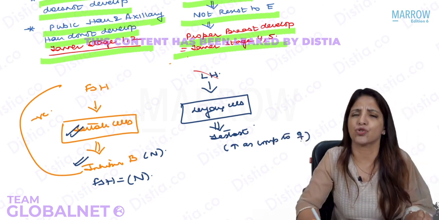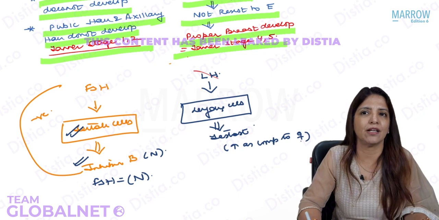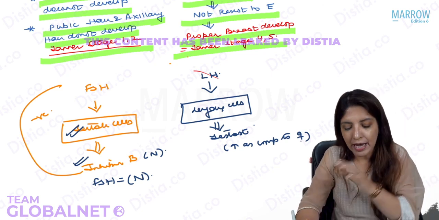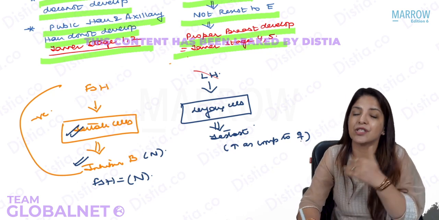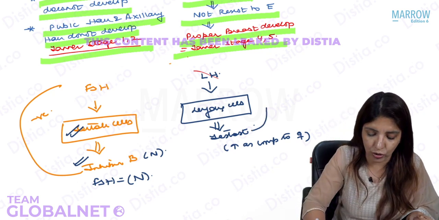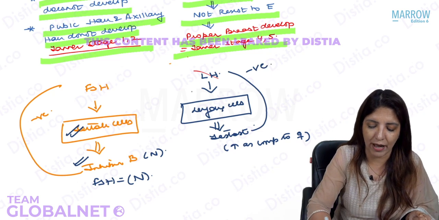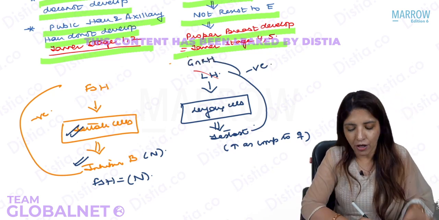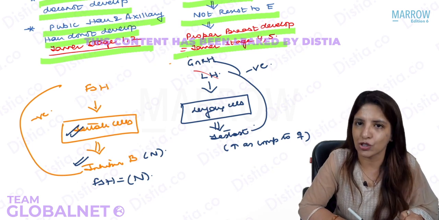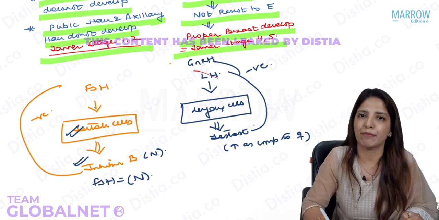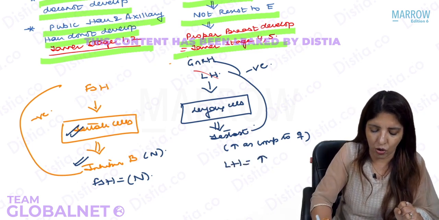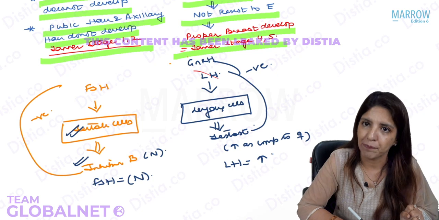When you get testosterone levels done, you will be surprised that the levels of testosterone are high in comparison to a normal female. Now, you know that testosterone has a negative feedback on LH and a negative feedback on GnRH. Because they are resistant to testosterone, what is going to happen to LH? The negative feedback on LH will be lost, and so the levels of LH will be high, right?